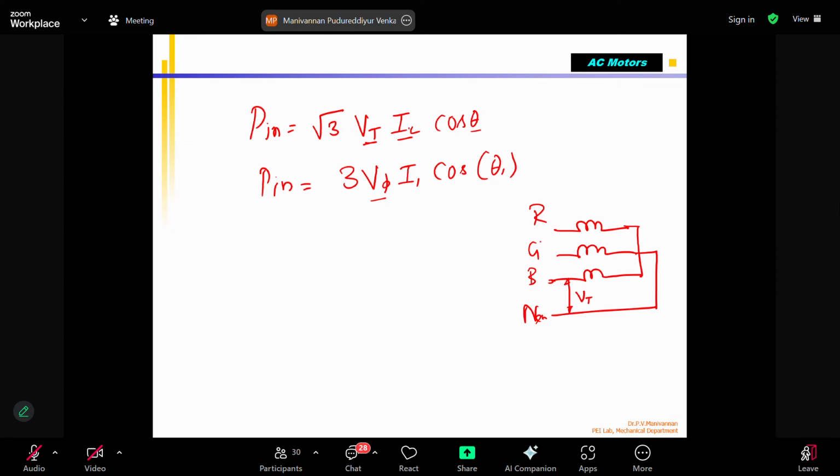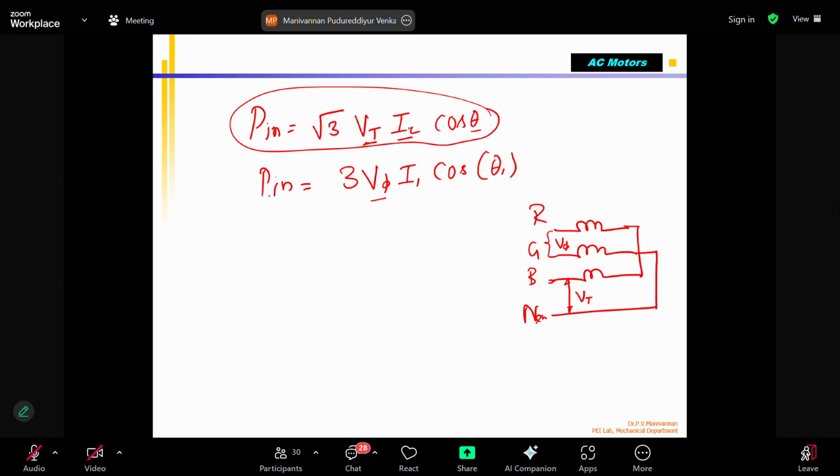Okay. And if I measure voltage between two phases, it is called line voltage. That means between any two phases, the measured voltage is called line voltage. If I measure voltage between neutral and any phase, it is called terminal voltage. If I use the terminal voltage and line current, then I can use this formula and compute the input power supplied to the induction motor.